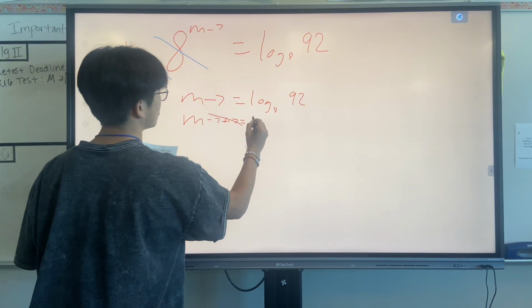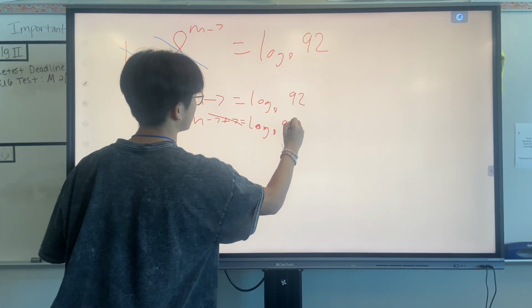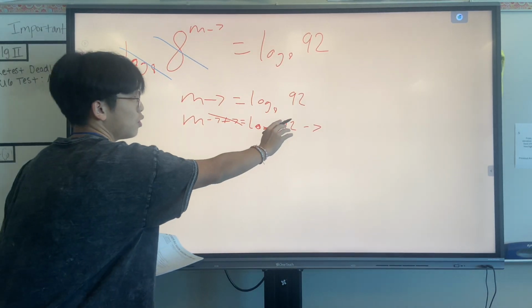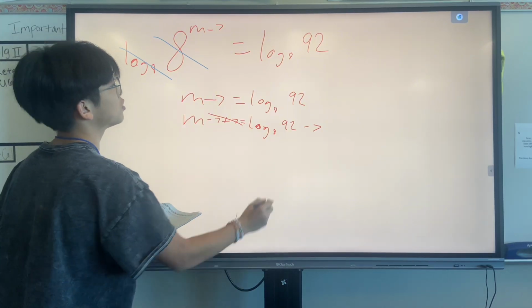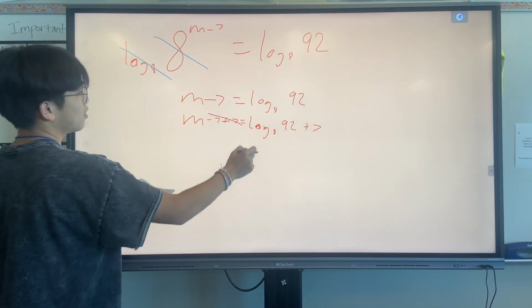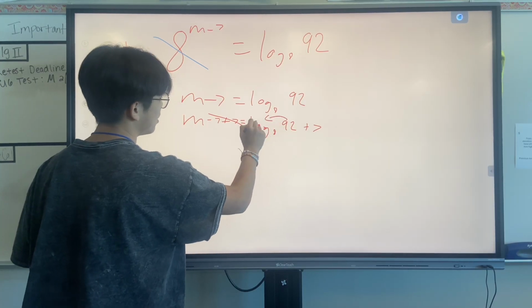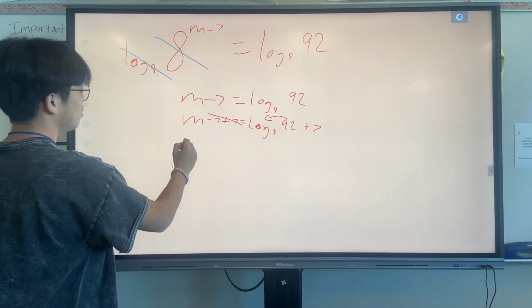This will cancel out. Do not add these two together because the log base 8 of 92 is a part of this. Yeah. And then 9.17.